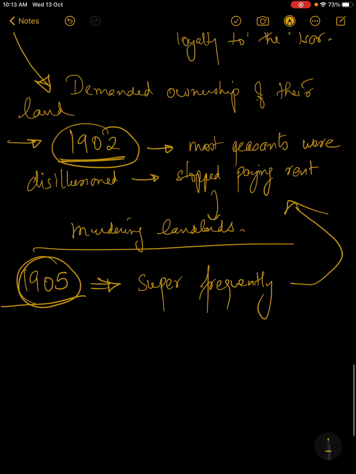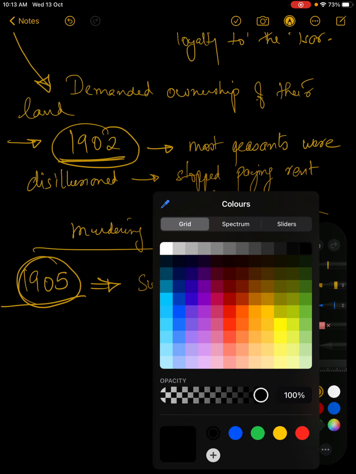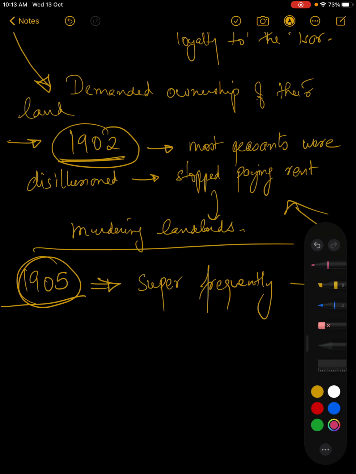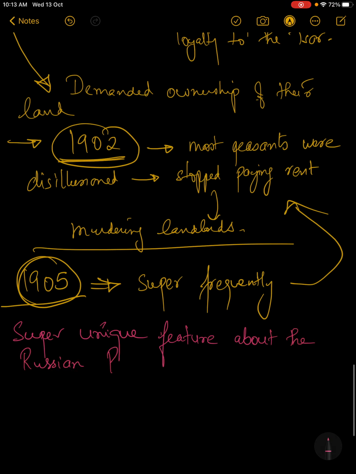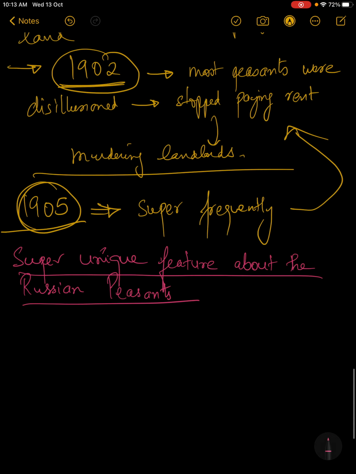Now, what was this one interesting, unique feature about Russian peasants? A super unique feature, which can of course be asked, about the Russian peasants, a very interesting feature, which was different from the rest of the European peasants.